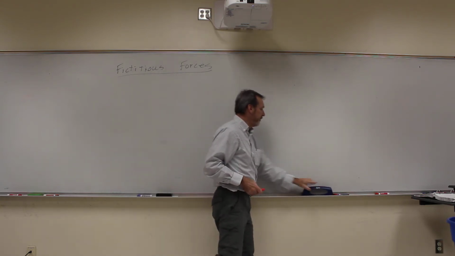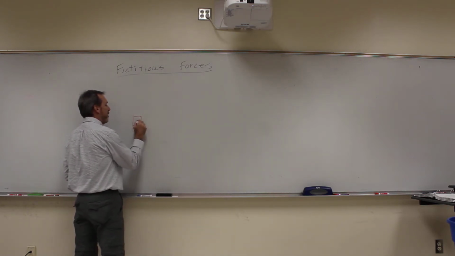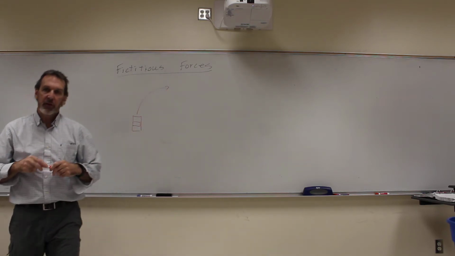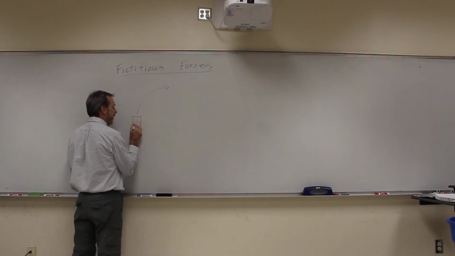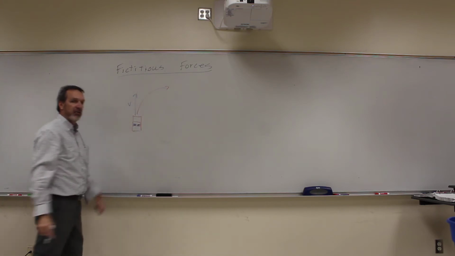In circular motion, if you're driving and we're looking at a car from the top now, as that car makes the turn, all the occupants in the car have velocity too, and initially the velocity is in one direction.